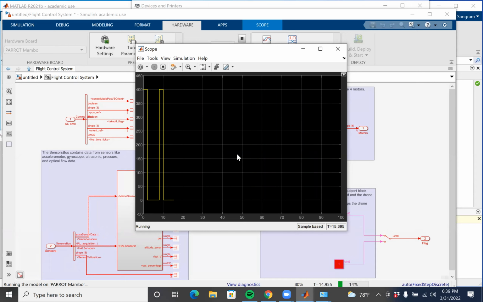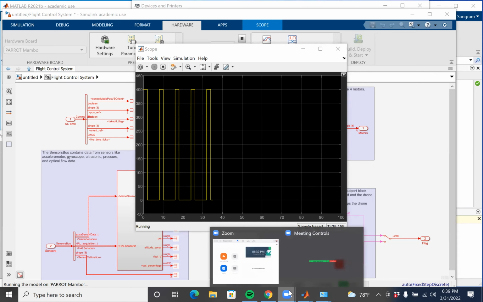So this is the PWM that is fed to the first motor. Are you with me so far? Online students, any questions?